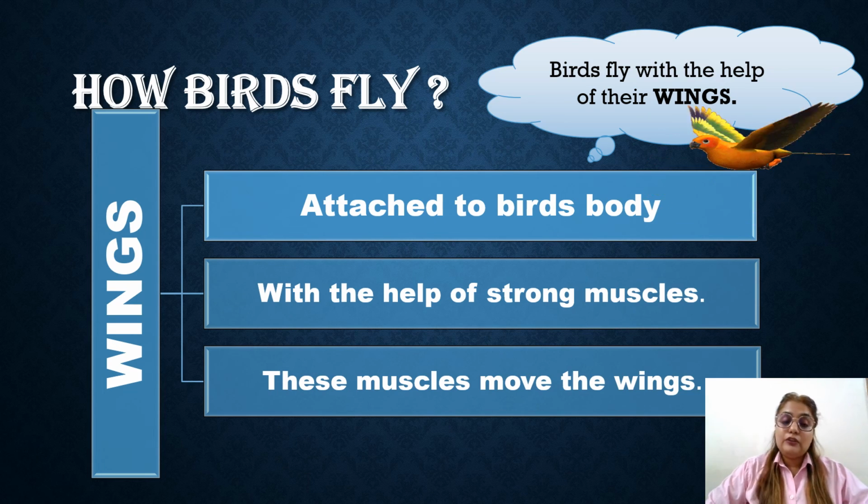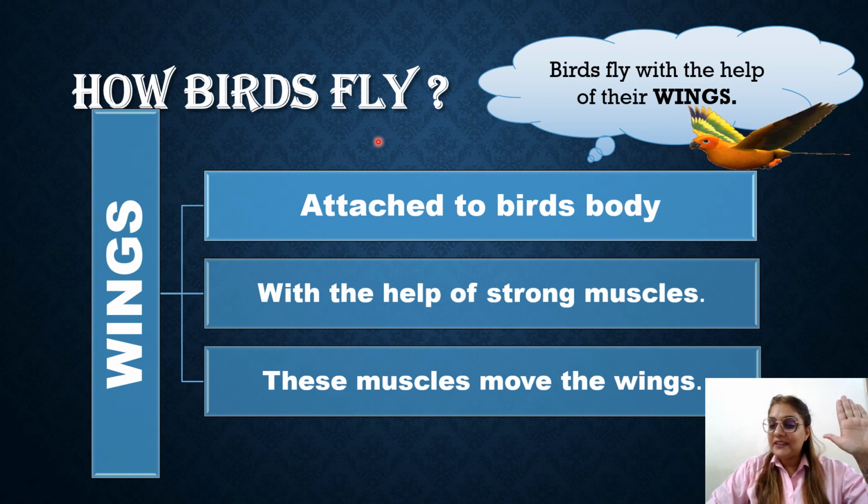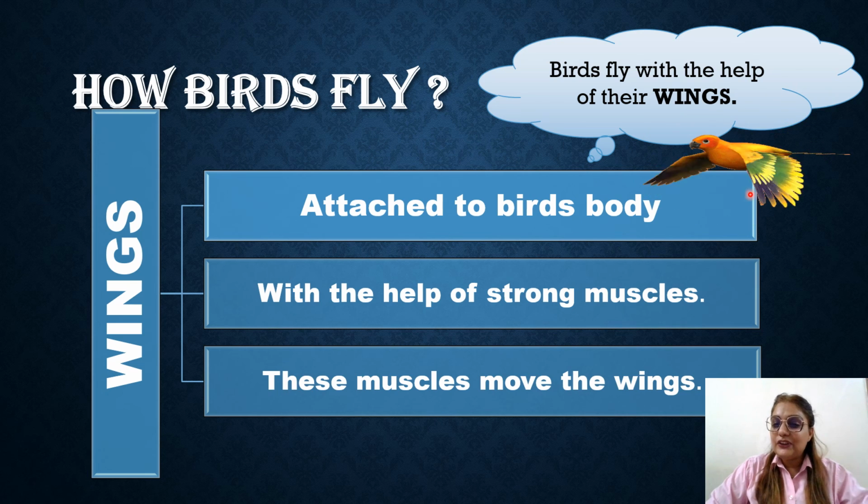So next is all about how birds fly. Do you know how birds fly? Well, I know it. I am seeing it here also. Yes, birds fly with the help of their wings. Where are wings? Wings are attached to bird's body. You're seeing this? It is attached to their body.